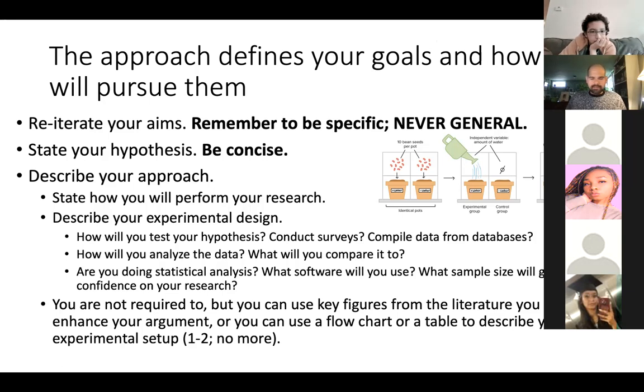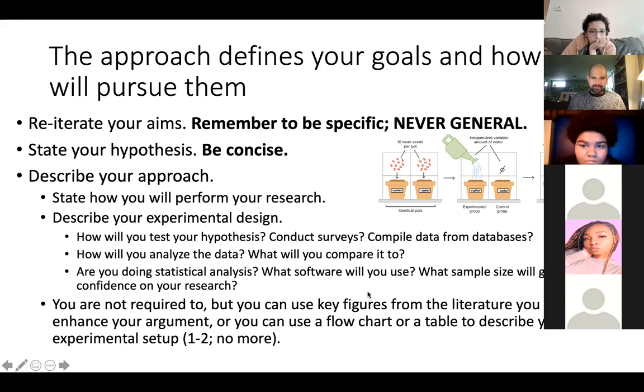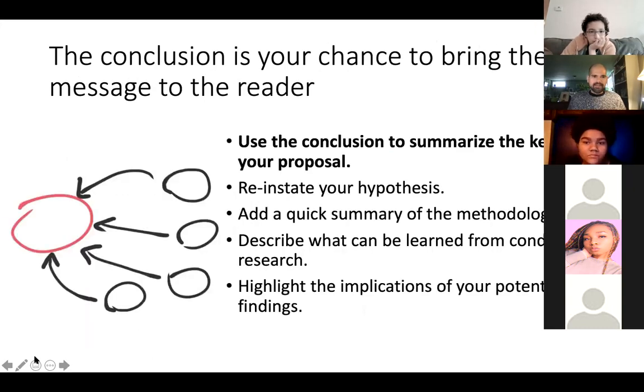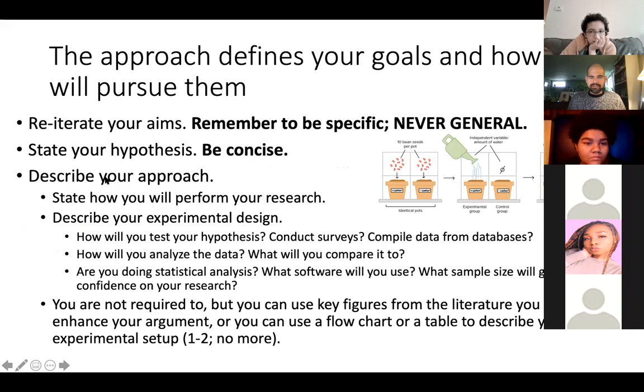So this approach section is gonna take you between 3 to, I want to say, 8 paragraphs or so. That's probably enough, so it's not too long, but it's gonna be concise.